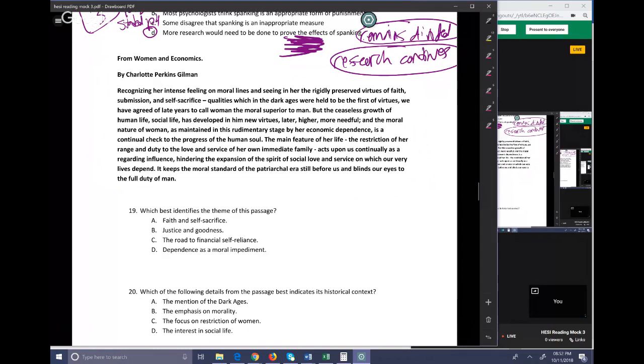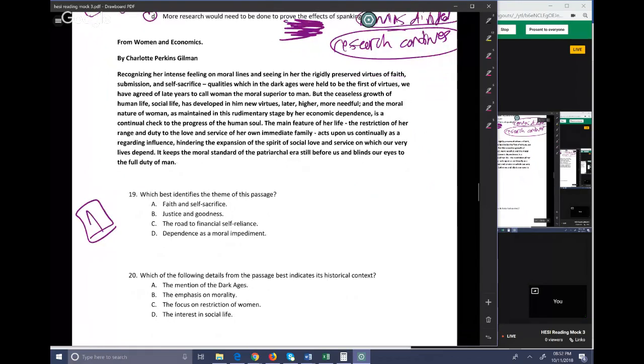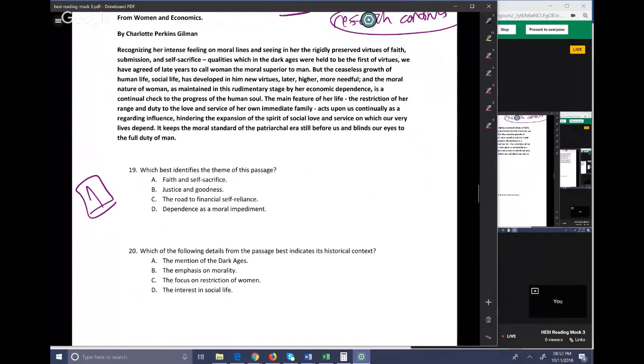So you would deal with this the way you would deal with a poem or even a memo, things that you just read through and then think about what was the purpose, what was the main idea. So you would have that thought at the end. The first question they asked you was, what is the theme? Theme is talked about in reading 1. You don't see theme questions very often, which is good because a lot of people think that they're difficult.